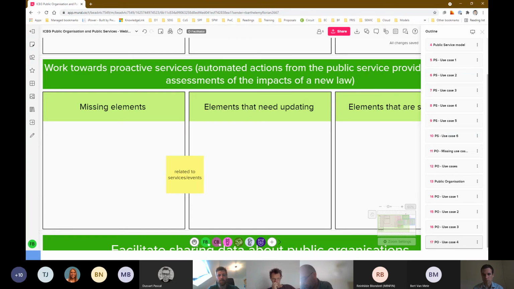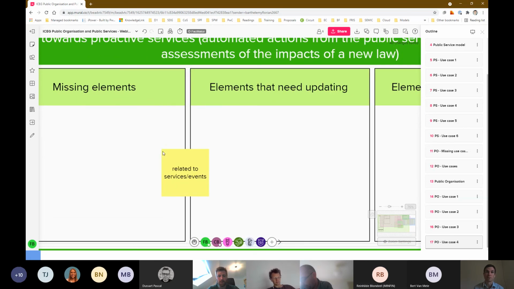Yeah, that's a valid point. And yeah, your comment is more related to this use case, but for the public service model. I understand.